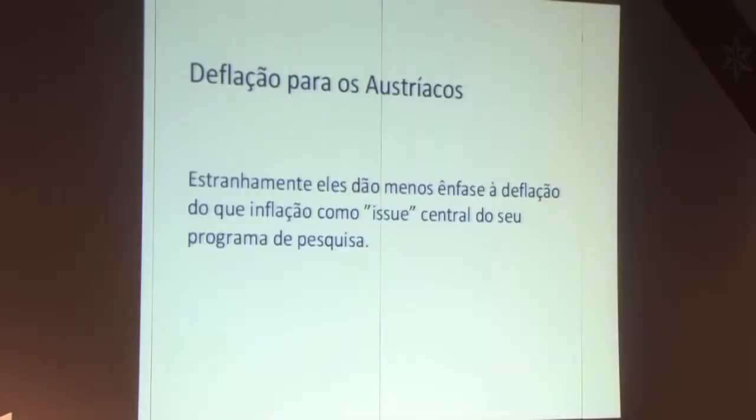There's an issue here that I think was treated with less emphasis by Austrians, which is deflation of the greater aggregates, especially of credit. The focus was always, both in the mainstream and the Austrians, on the narrow aggregates.